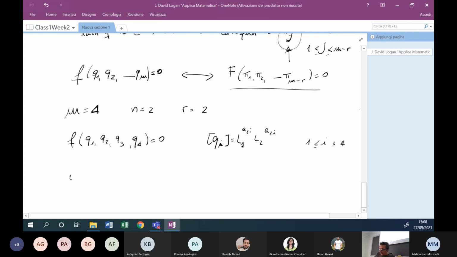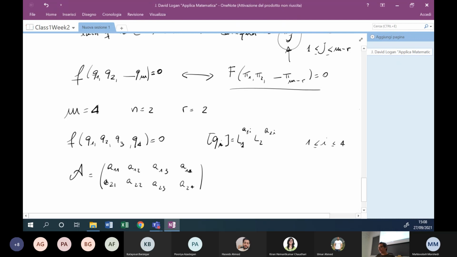So that I can write the matrix of the coefficients as A11, A21, A12, A22, A13, A23, A14, A24.